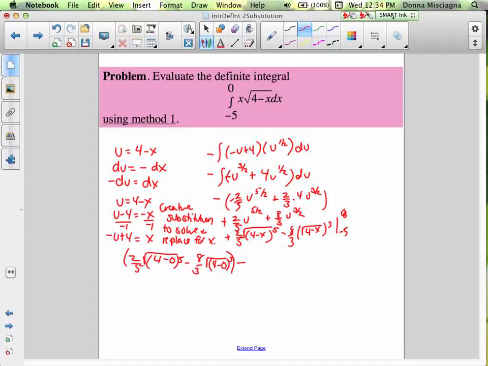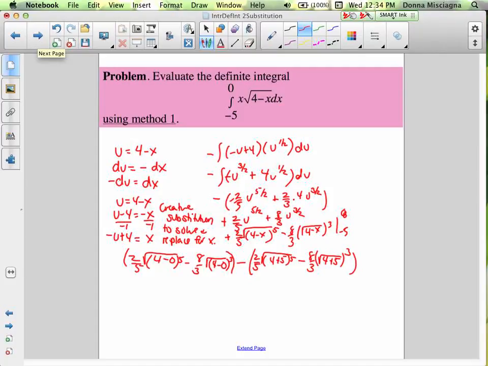I'm going to use parentheses because I got to subtract everything now, but with -5 plugged in. So 2 fifths square root of 4 minus x, or excuse me, 4 plus 5, because that's minus a negative. 4 plus 5 to the 5th power, and then minus 8 thirds, 4 plus 5 cubed.